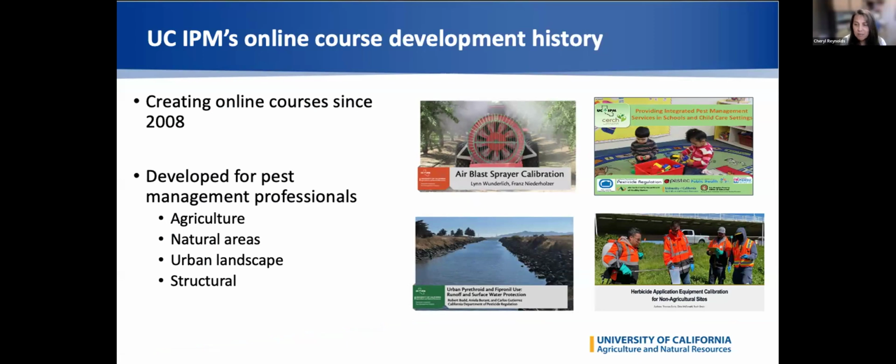Our audience is generally made up of people who have a license to apply pesticides or make pest management recommendations in ag or natural areas, in urban landscape areas or structural environments. Most of our users need to get continuing education credit to update and renew their license. So that's primarily who we're developing courses for.